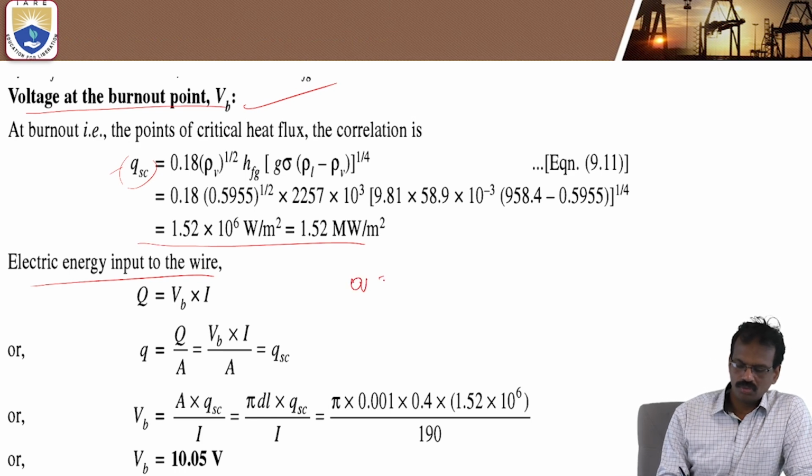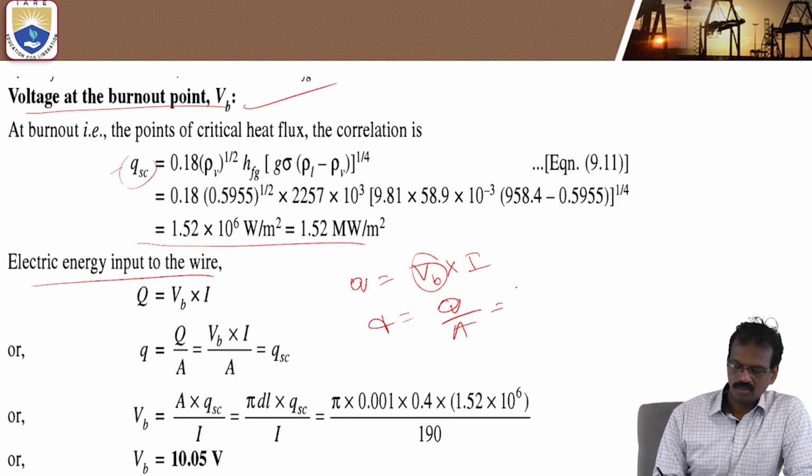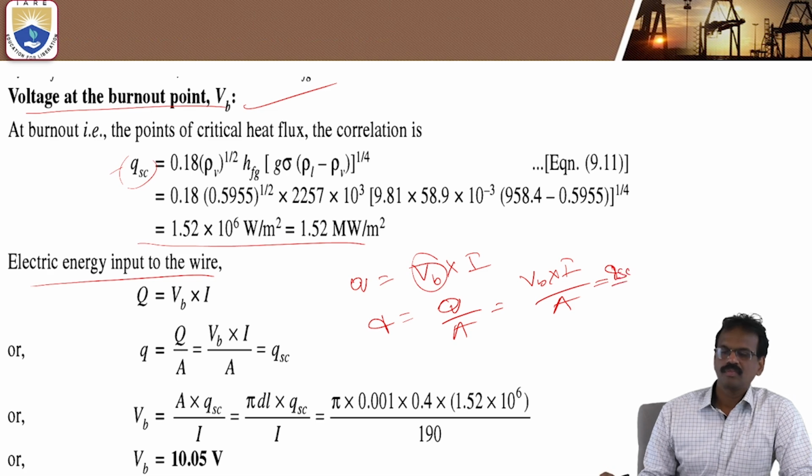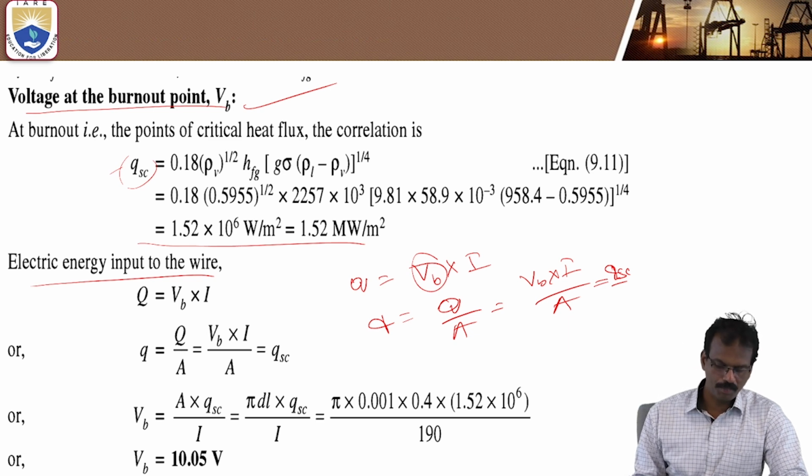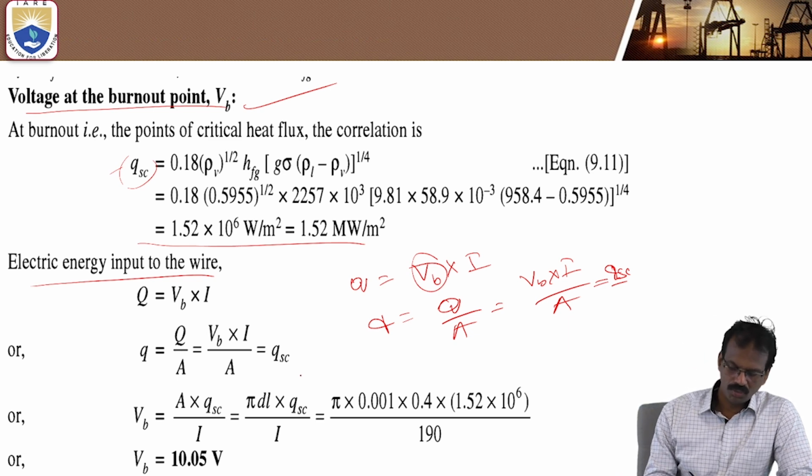So Q is equal to voltage V_B into I. You have to find out this one. Okay. Small q is equal to Q by A. So q is equal to V_B into I by A. Okay. So this is equal to q_s,c, heat flux at a critical temperature point.